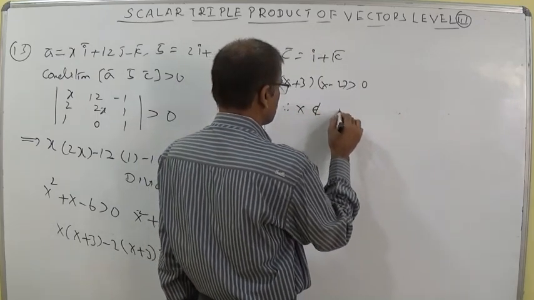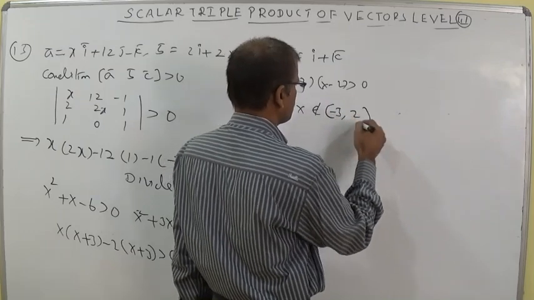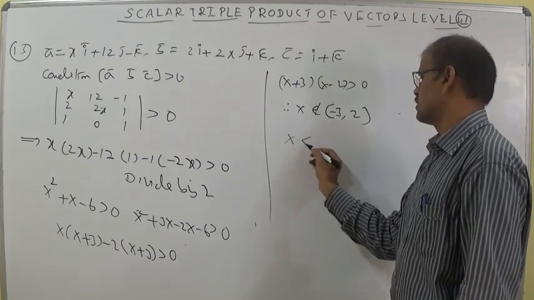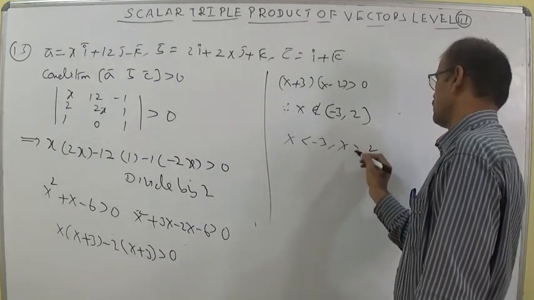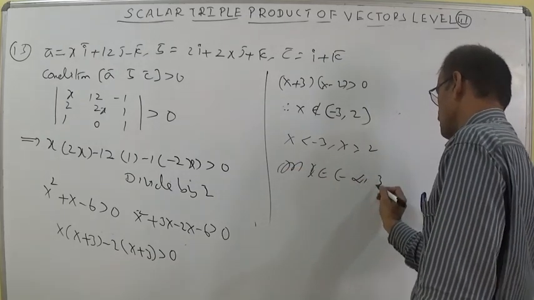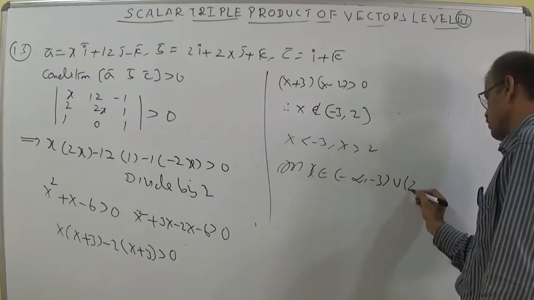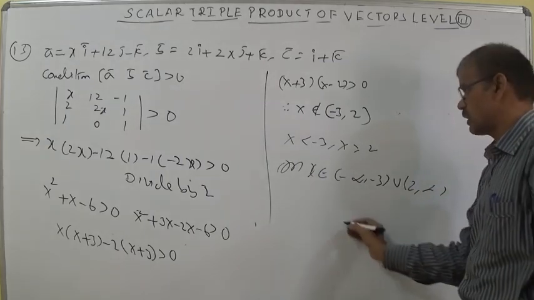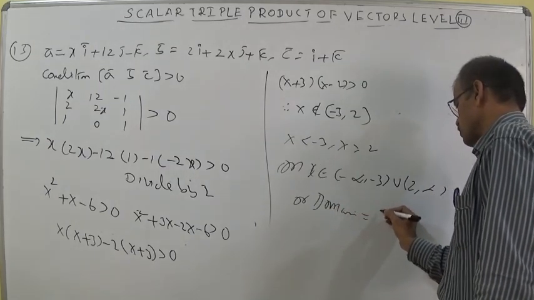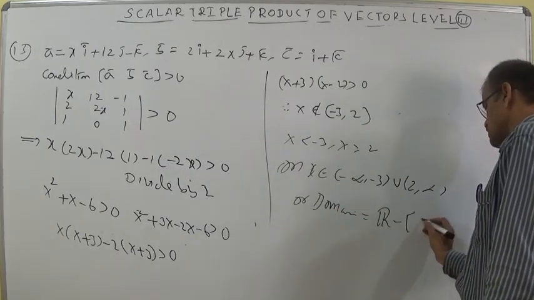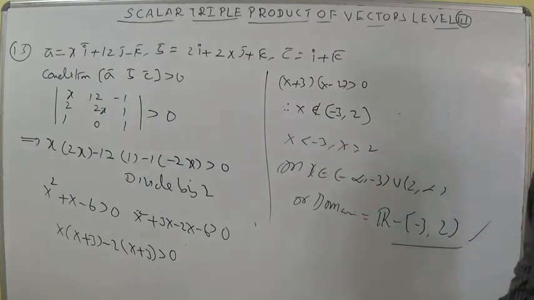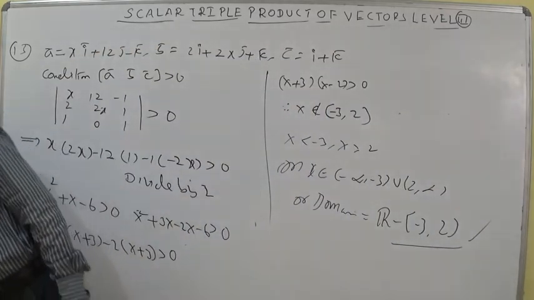Therefore x should not lie between minus 3 and 2, that is x less than minus 3 or x greater than 2. So x belongs to minus infinity to minus 3 open interval, union 2 to infinity open interval. Domain is real numbers minus the set minus 3 comma 2.